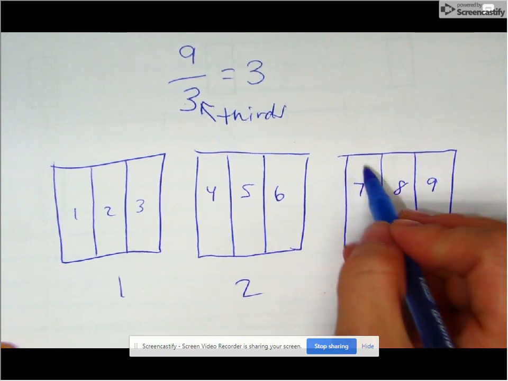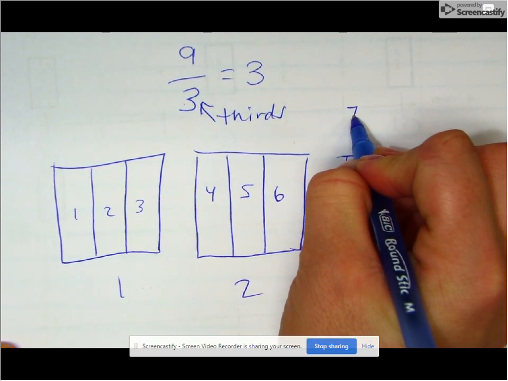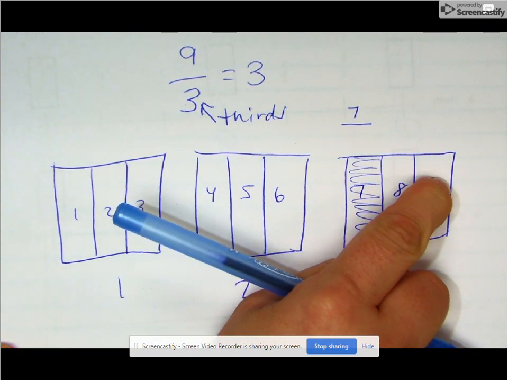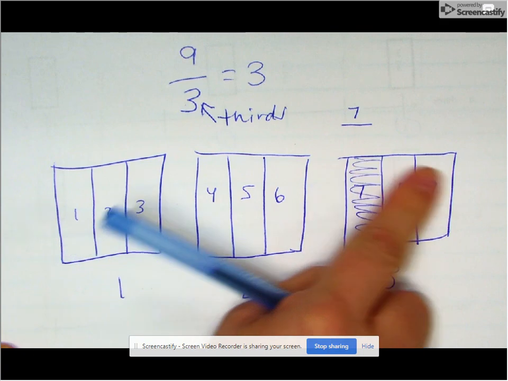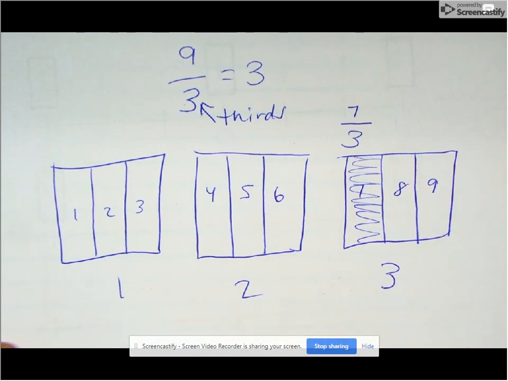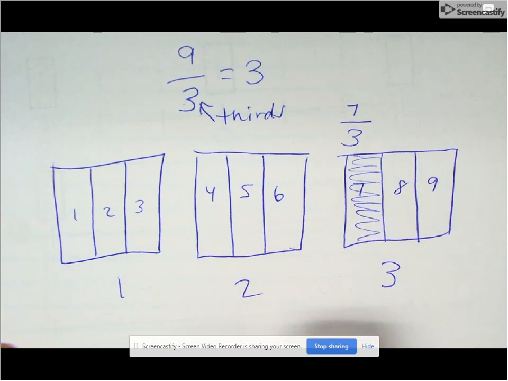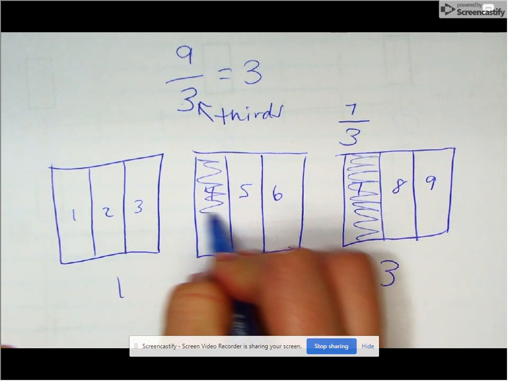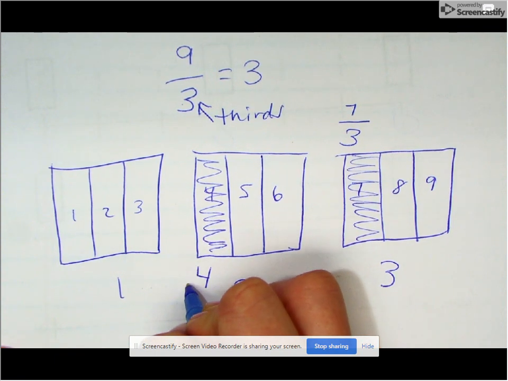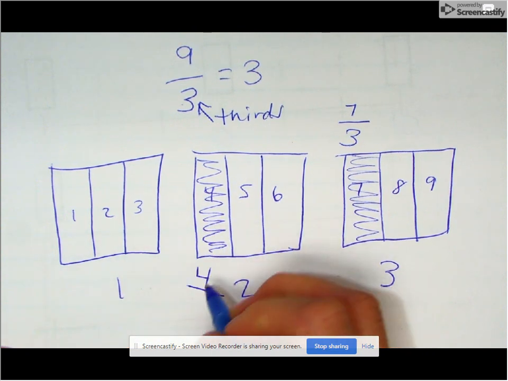So if I ate this piece, I got the 7th piece of the 9 pieces of brownie, but the 7th I got from a brownie that was cut into thirds. So that would be 7/3 on the number line. If I ate this piece, I got the 4th slice of brownie, and the one I got it from was cut into thirds.